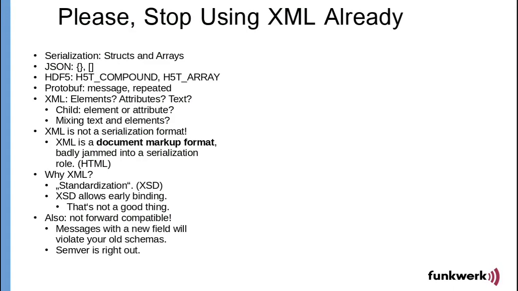So the reason for this mess is, of course, that XML is not a serialization format. XML is a thin veneer of generality around HTML, and HTML is a document markup language. The point of HTML is to make sentences in documents have pretty colors and maybe go blink.